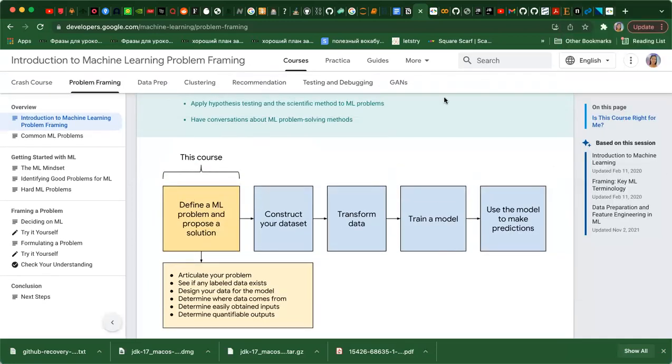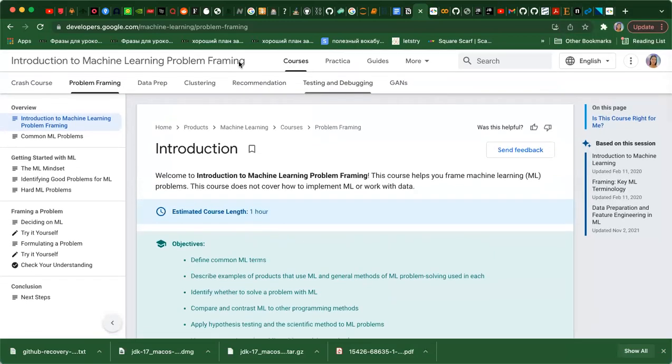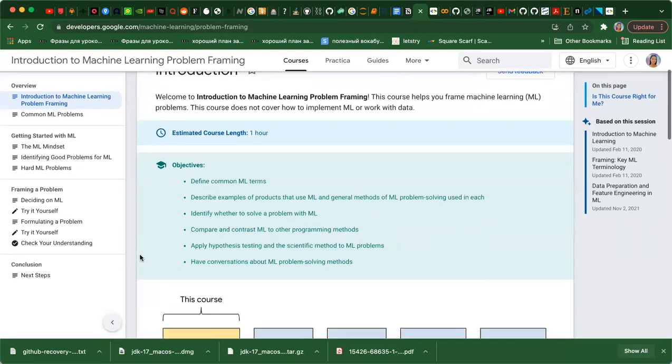So we are starting the machine learning crash course, and as a prerequisite, like an introduction, you should complete the introduction to machine learning problem framing, this 1 hour material.